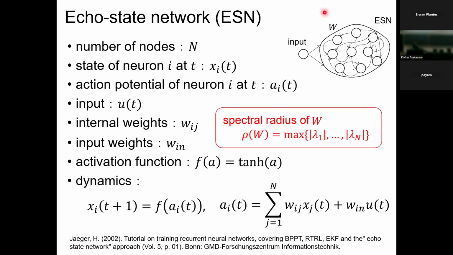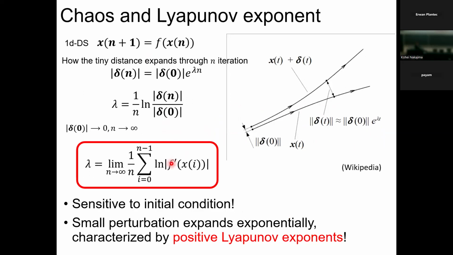And in the echo state network, we can also check what is happening. We all know these settings, so I won't go into detail. The important point is that we have the spectral radius as a hyperparameter, and the scaling of the input weight is also very important.